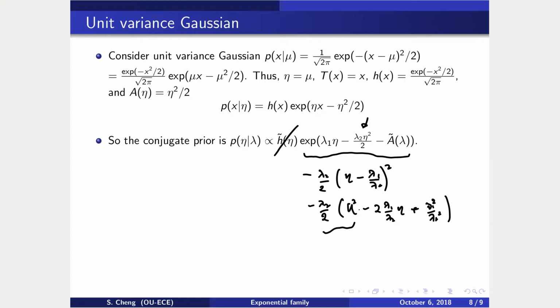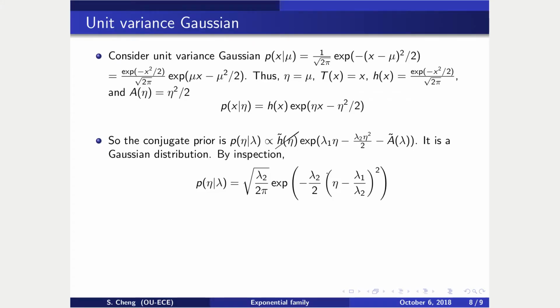And the 2s cancel, giving lambda 1 eta, exactly this term. So everything is good. Therefore the mean of this distribution is lambda 1 over lambda 2, and the variance is 1 over lambda 2.